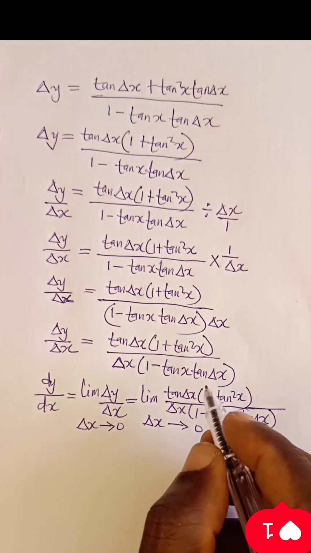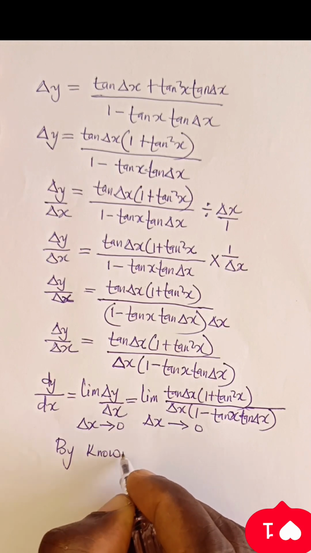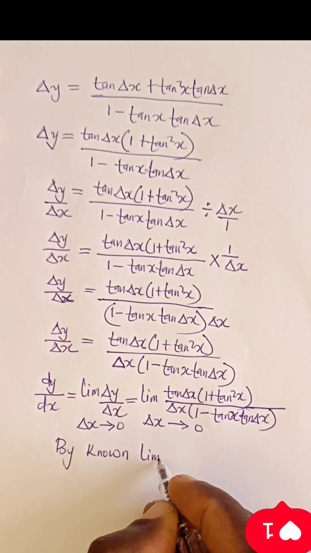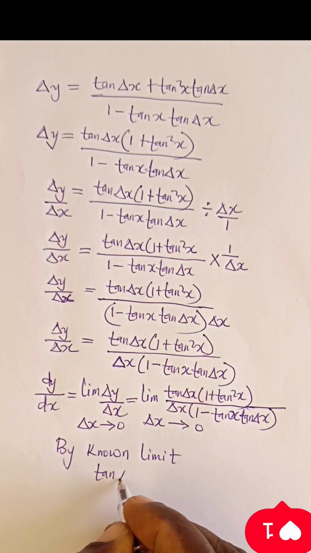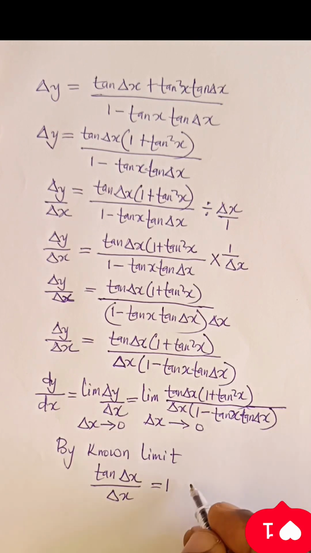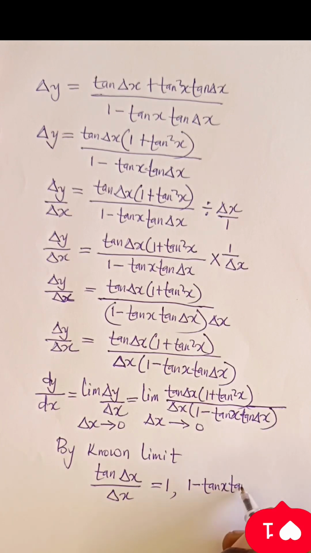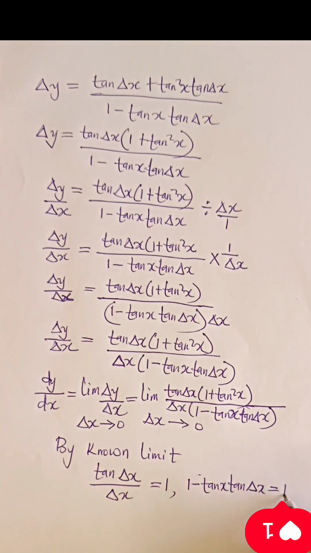If that is the case, by known limit, tan change in x over change in x is equal to 1, and 1 minus tan x tan change in x is also equal to 1.